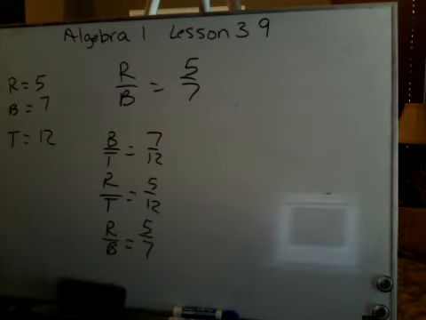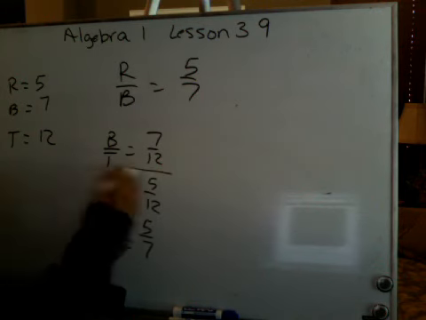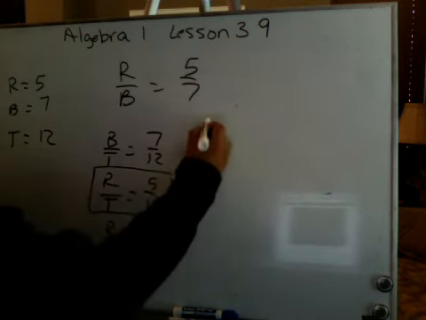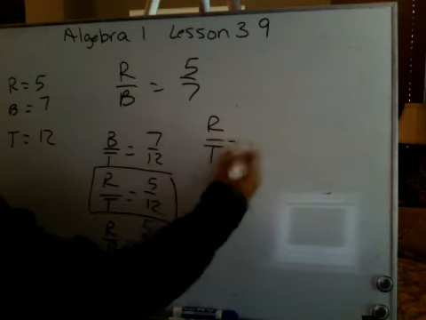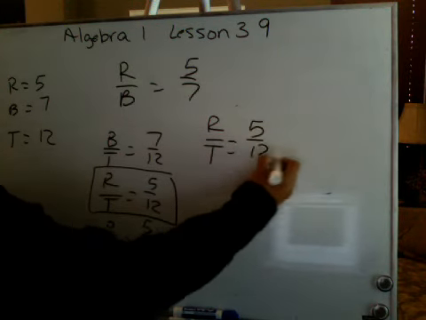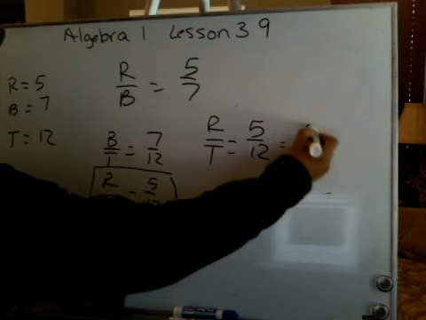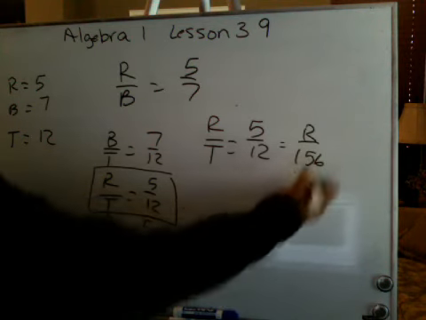Then we go back and look at what they are asking for. Now we read the question. It says there are 156 total, and asks how many red marbles? So we need r to t. So we would do r to t equals 5 to 12, and we don't know how many red, but they said there's 156 total.